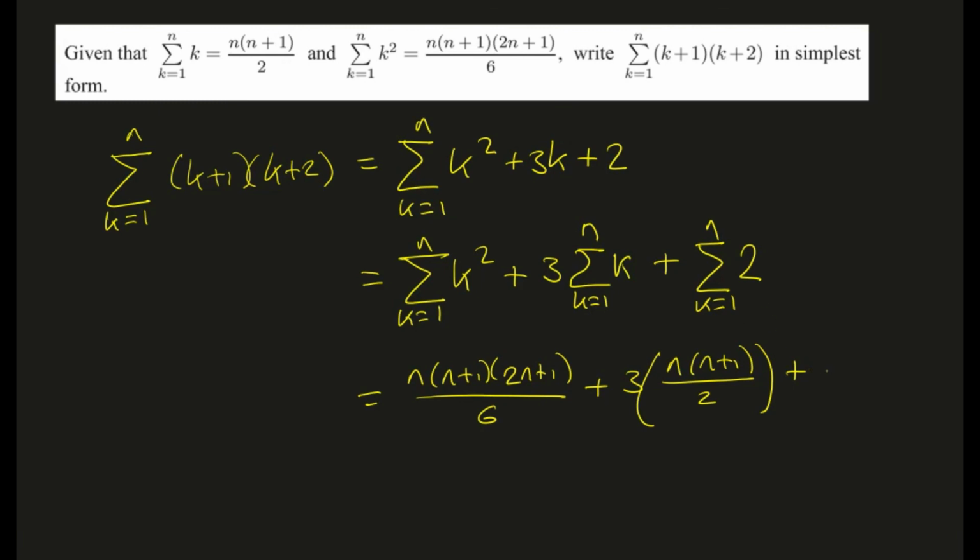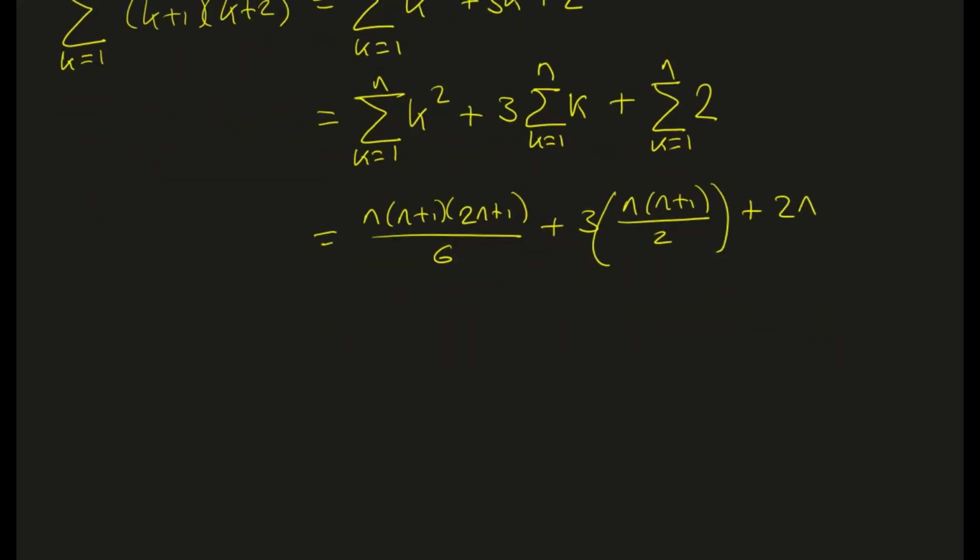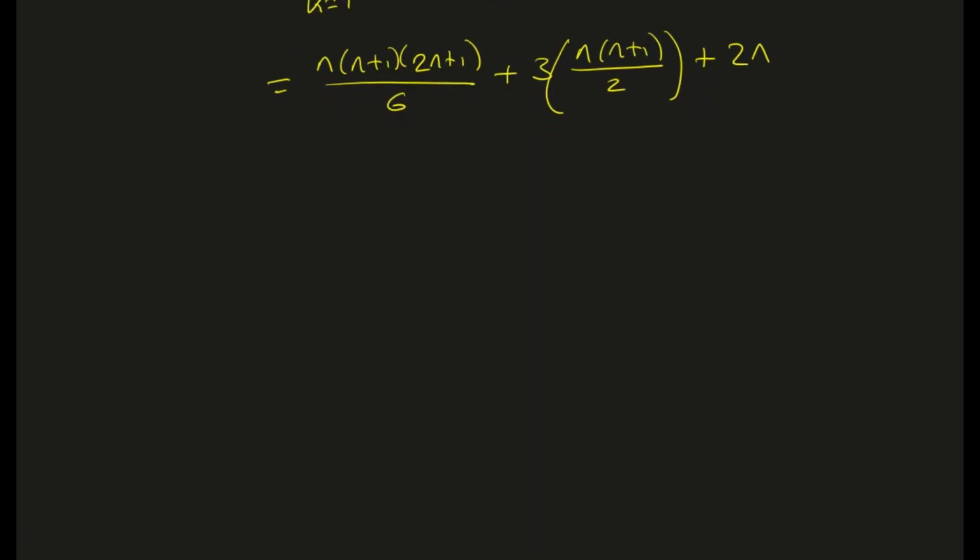Well, that's n. So we're going to have 2n also. So now our job is just to simplify as much of this as we can and hopefully come up with a nice result. So we need to make the same denominator. I think we'll start by writing everything with a 6 on the denominator, and we'll expand a few brackets as we go as well.